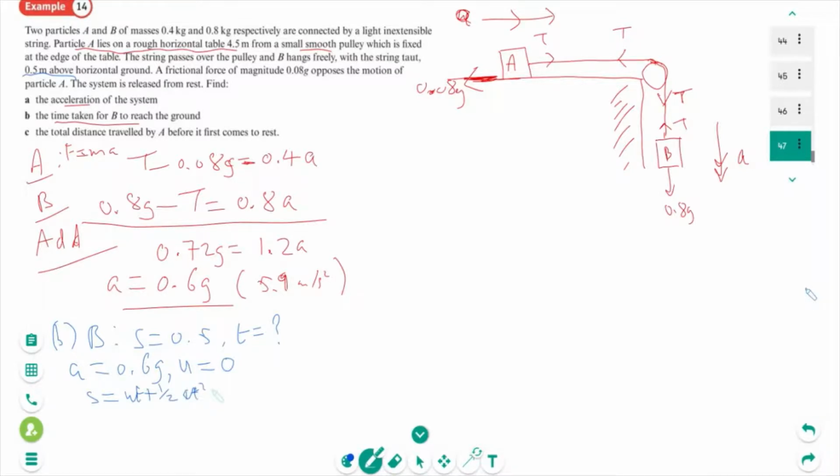So you can use s equals ut plus half at squared again. We have 0.5. u is 0, so that term is 0. Then it's half at squared, so it's half times 0.6 g. I'm going to put g as 9.8, times t squared.